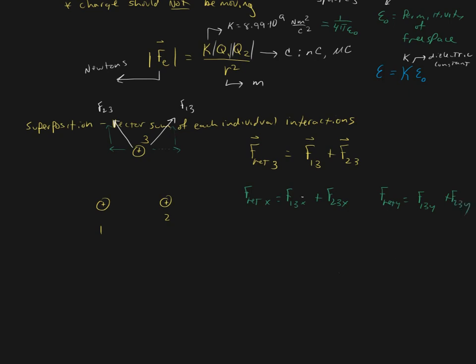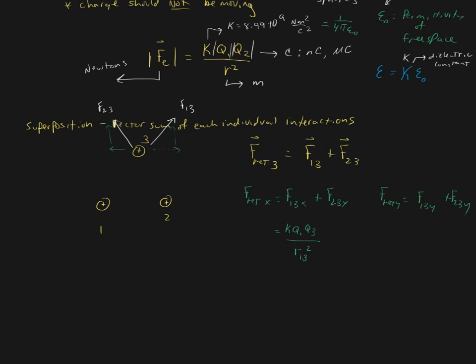And then you get into sines and cosines, and so I'm not going to fill this out completely, but we'll get examples of this later. But we have the force of 1 on 3, that's just going to be Coulomb's law. So that becomes K Q1 Q3 over R13 squared.